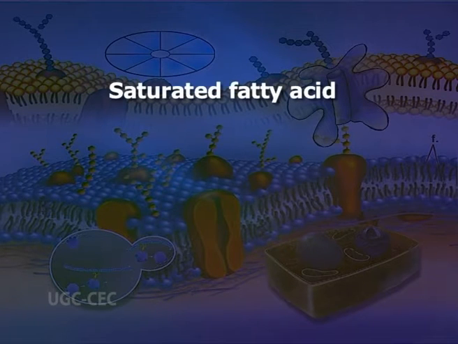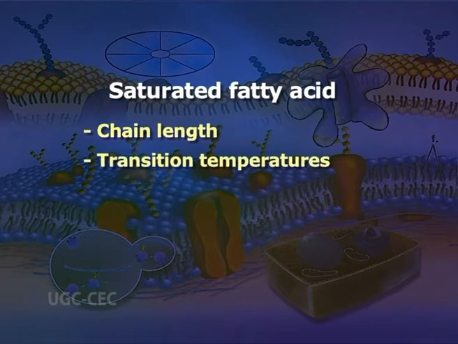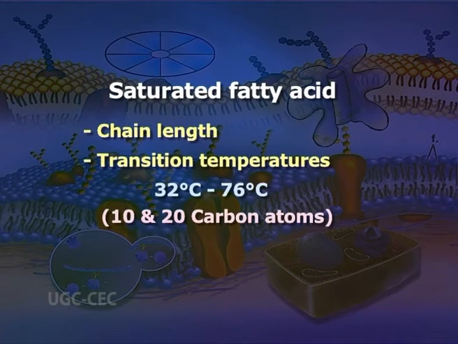The temperature at which a saturated fatty acid melts depends on its chain length, with transition temperatures ranging from 32 degrees Celsius to 76 degrees Celsius for saturated fatty acids with 10 and 20 carbon atoms respectively.